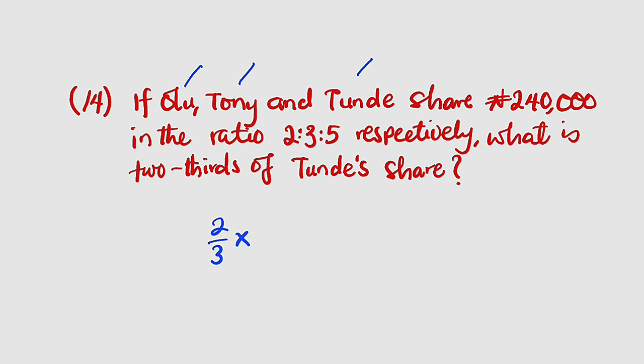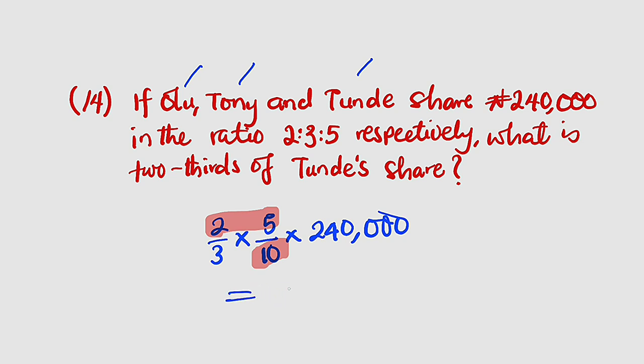So we are talking about Tunde, which is 5, divided by the sum. If you add this ratio together, 2 plus 3 is 5, plus 5 is 10. Then you multiply by the total amount, which is 240,000. So you can see that 2 multiplied by 5 is 10, so it will cancel this 10.